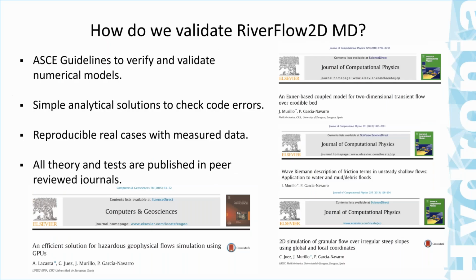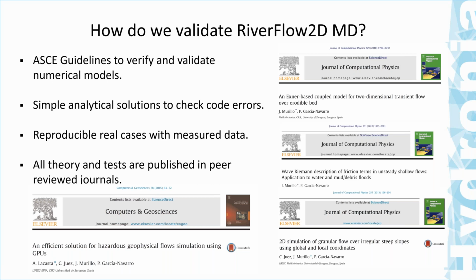Now, sorry. So how do we validate the new RiverFlow2D module? We typically follow the ASCE guidelines to verify and validate numerical models. These are guidelines that the American Society of Civil Engineers developed several years ago to help developers validate models.